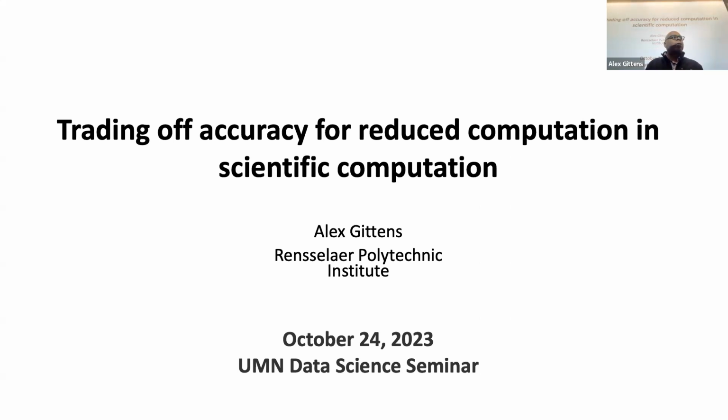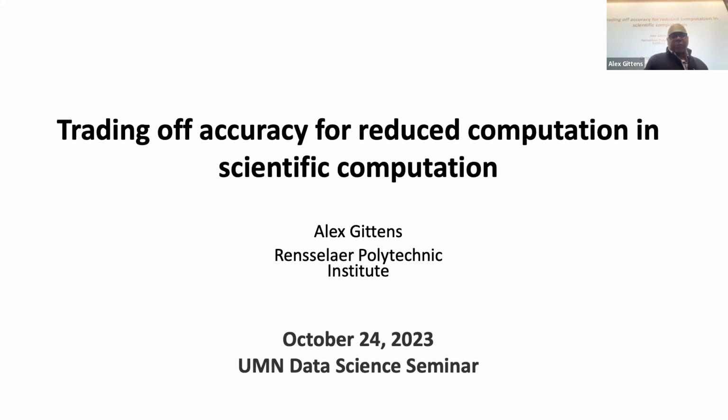We can reduce that by accepting some increase in our loss. And you should be able to control this in a principled way. And so I'm going to give several examples in different contexts. So I'm going to give one in tensor approximation, one in nonlinear clustering, and one in solving kernel problems.